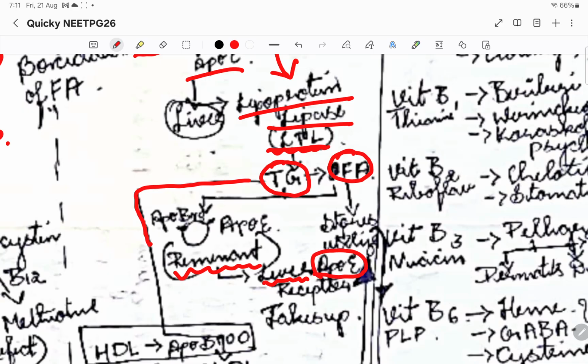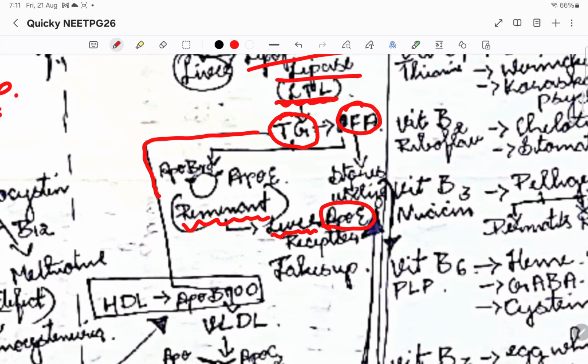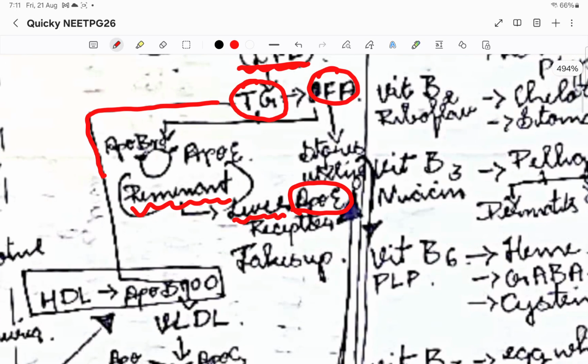So ApoE and ApoB48 have remained because ApoC2 was recognized by lipoprotein lipase and taken down. Here the liver will recognize ApoE receptors and start taking up. So finally all the triglyceride, chylomicron, all the fatty acid that was consumed by me is taken up by liver.